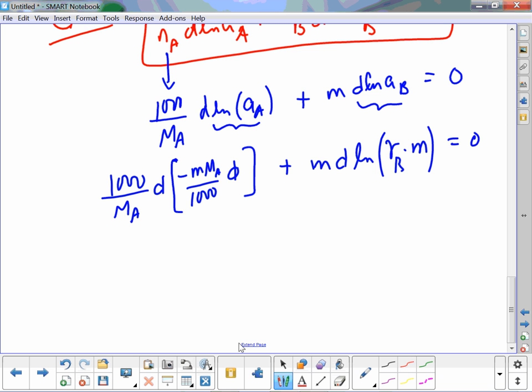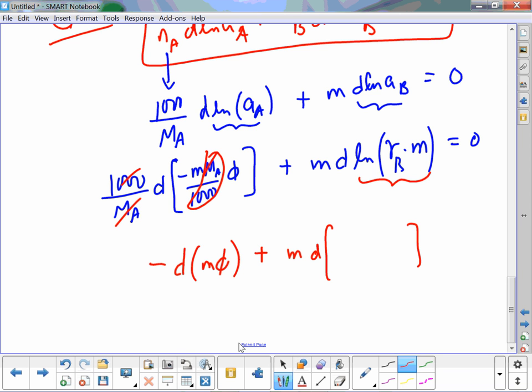Alright, let's simplify. I can factor out these constants, and what happens when I factor them out? The molar mass of A cancels, 1,000 cancels, right? So this is a minus d of m phi. m and phi are both variables, they depend on the molality, plus m times the differential of ln of gamma B times m. What is that? The ln of a product is the sum of the logs, right?